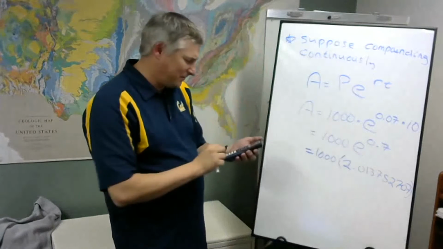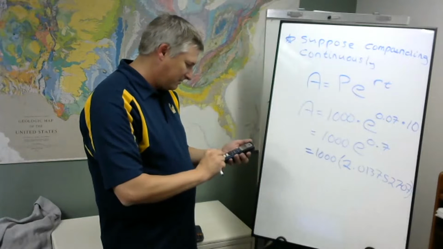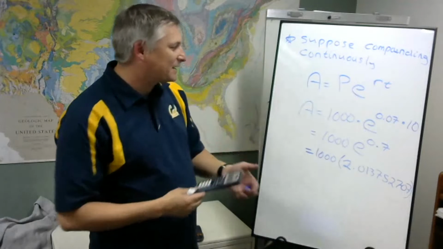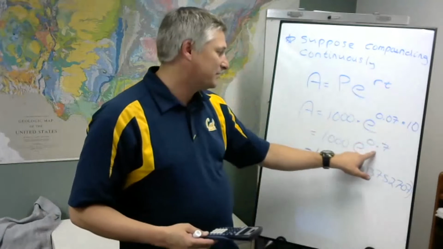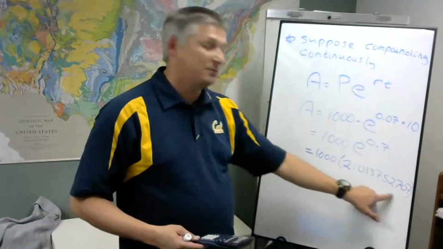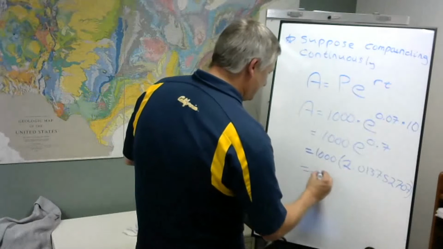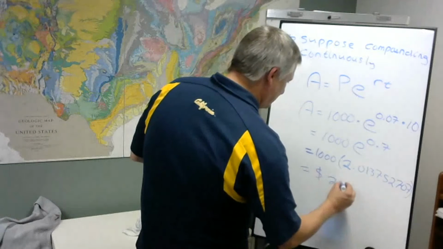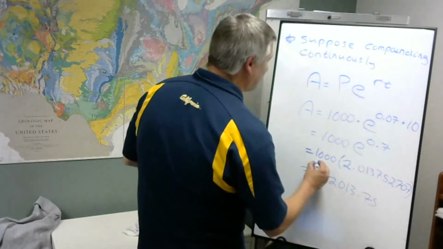I don't know what I typed in before. Let me see if I can figure that out. I might have accidentally typed in 0.07, but I multiply by 10 to get 0.7. E to the 0.7 gives you that. All right, so when you multiply by 1,000, we'll get $2,013.75.